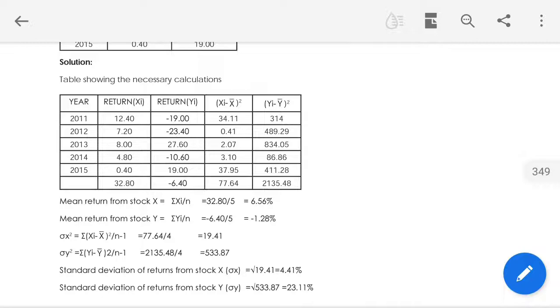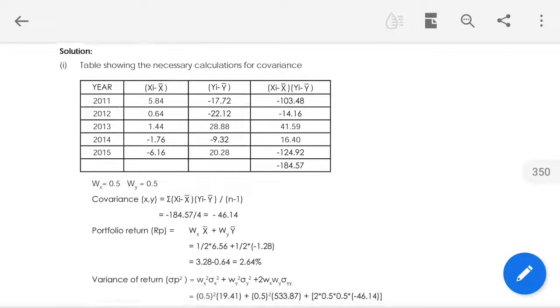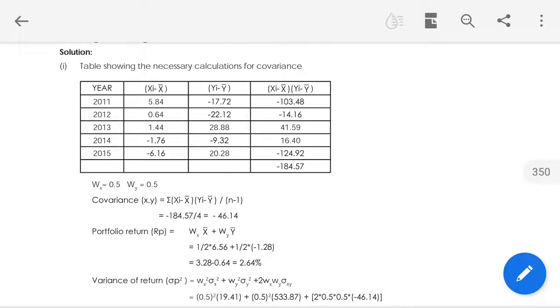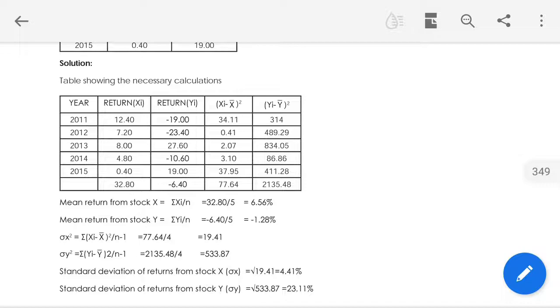The answer whatever comes, we need to square. The values we can also find in the next question's answer, as the 37th question is relevant to the 36th question. So 12.40 minus 6.56 is equal to 5.84. 5.84 into 5.84 is 34.11.